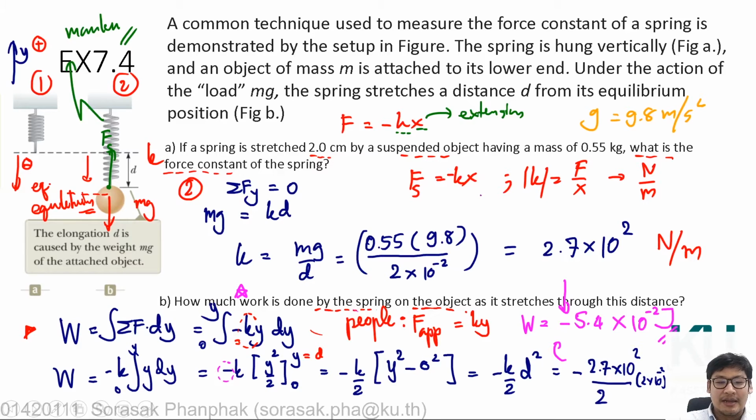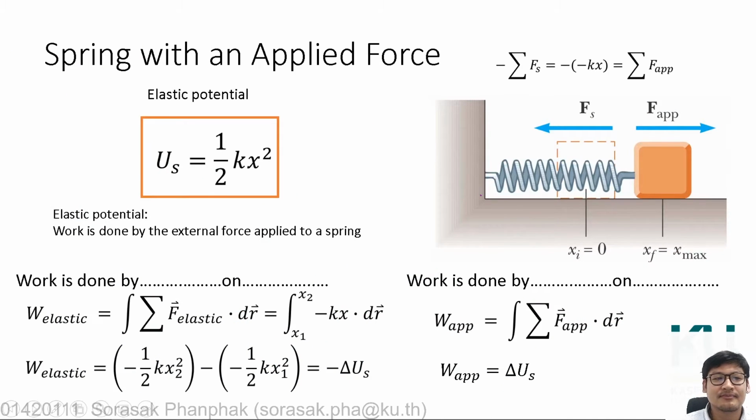So let's go through the example and revise it, and you will have the big picture of how you deal with work and energy. As I said, the work that we know is equal to the change of the U, right?